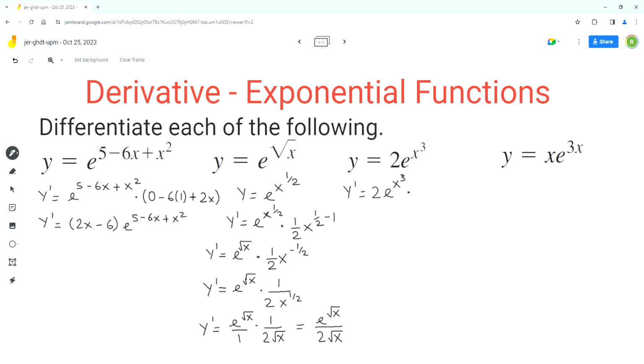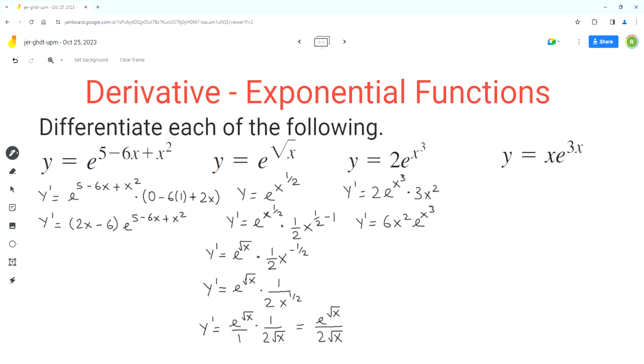So we'll have to use the power rule to find its derivative. And the derivative of x cubed will be 3x squared. So we move the exponent to the front and then subtract 1 from 3. Now we can simplify this equation. So we can multiply the 2 and the 3. So we get 6x squared times e exponent x cubed. So this should be the derivative of this third function.